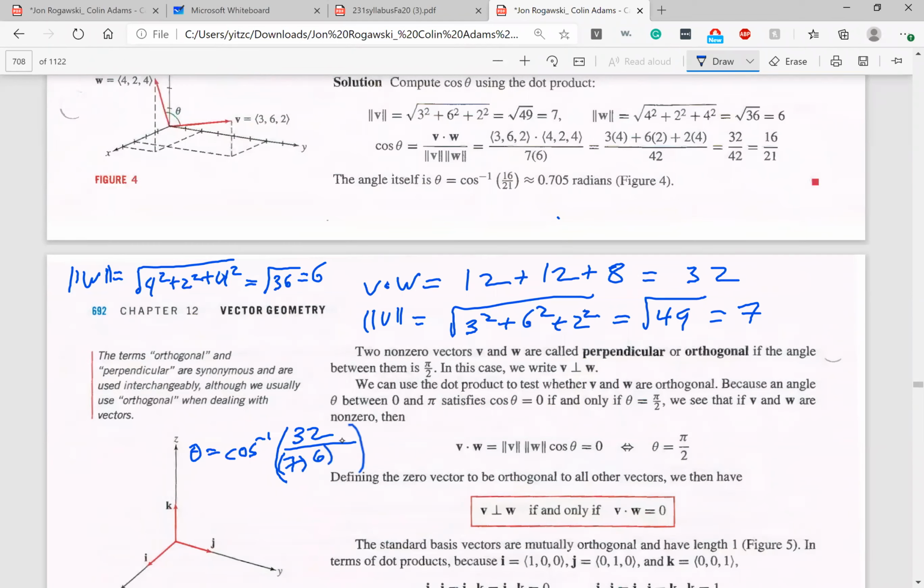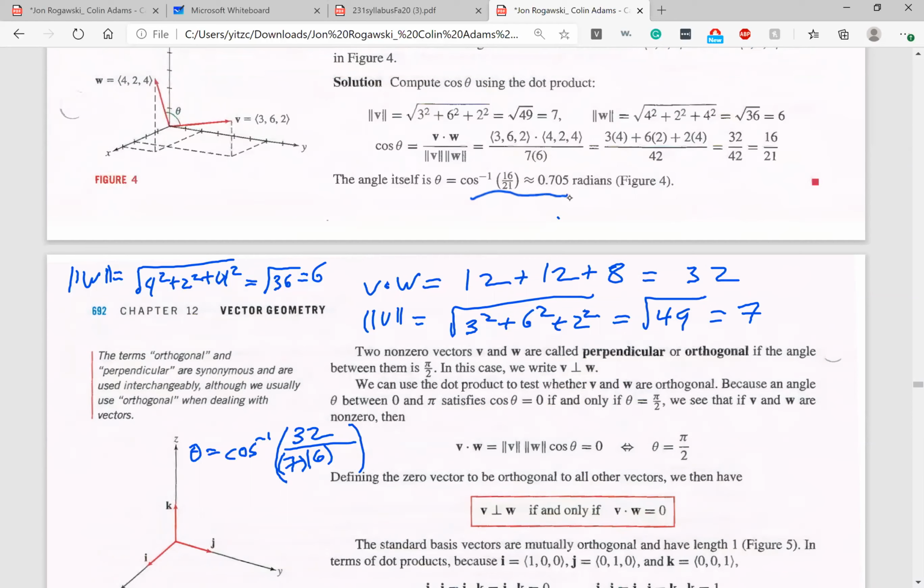So it's cosine inverse of 32 over 7 times 6. Okay, and let me see. So that would be that. Yeah, 32 and 42, perfect. So any questions about this?